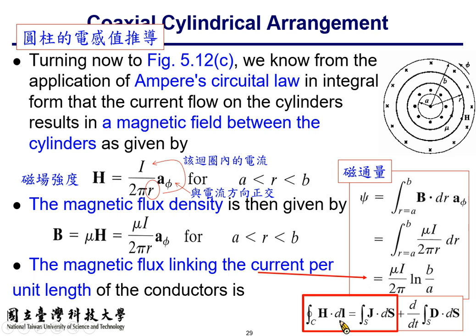Yes, they do produce a magnetic field. But if you think of this problem as a whole, the total effect of those currents, the crosses, cancel each other.